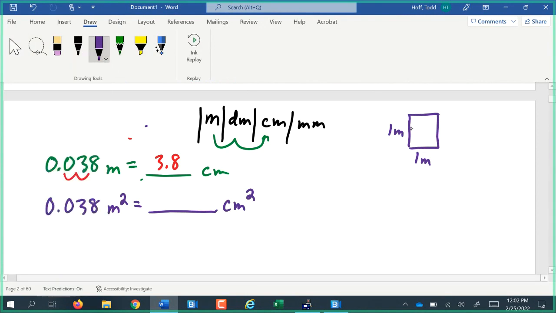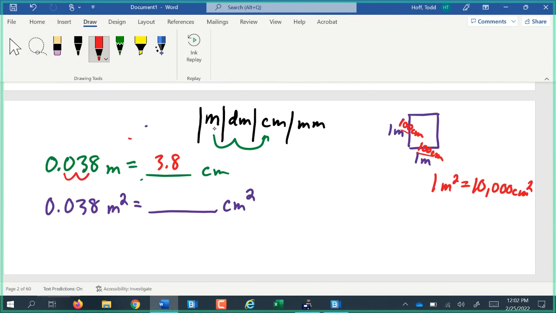If I look at this as centimeters, 100 centimeters equals 1 meter. Well, 100 centimeters in this direction also equals 1 meter. That 1 meter squared actually equals 100 times 100, or 10,000 centimeters squared.